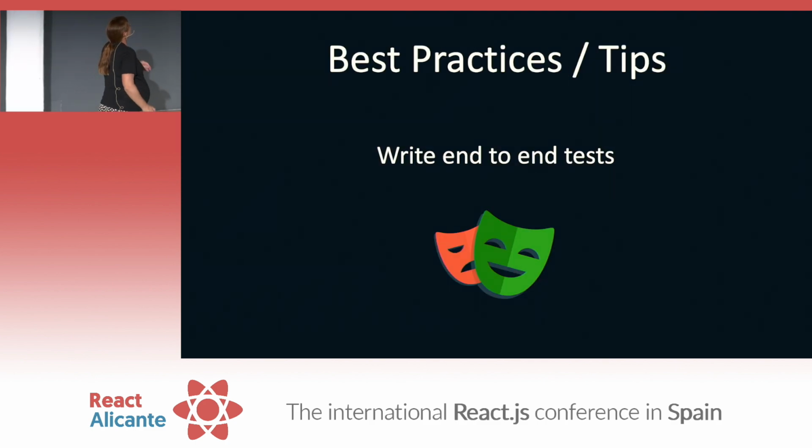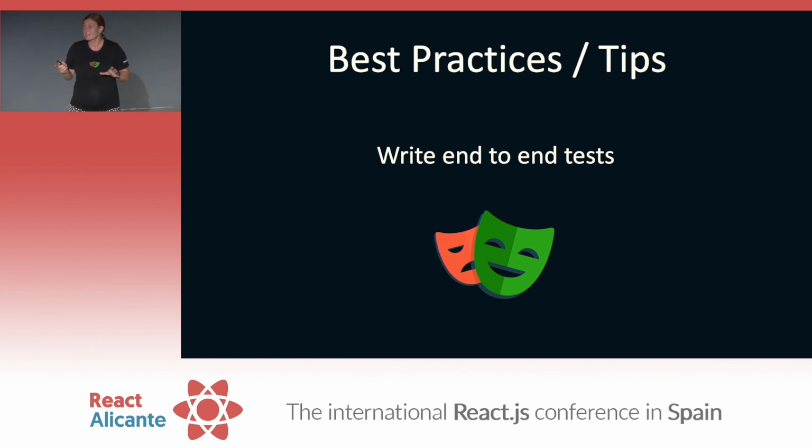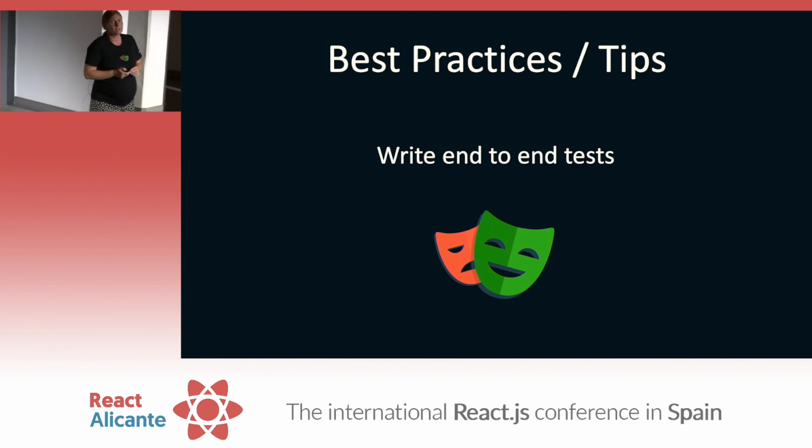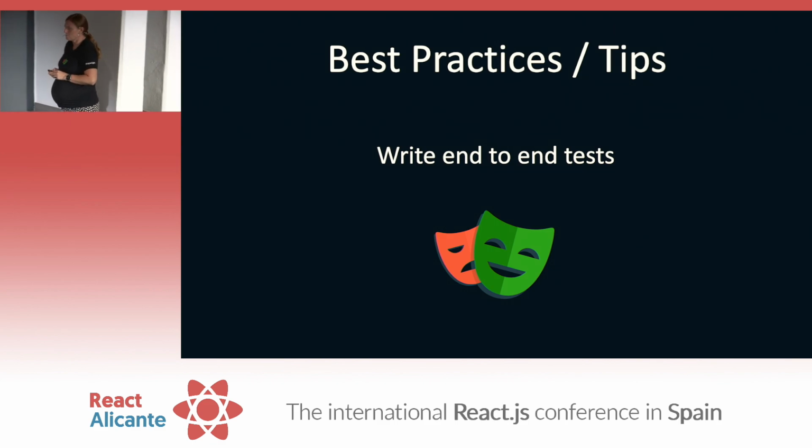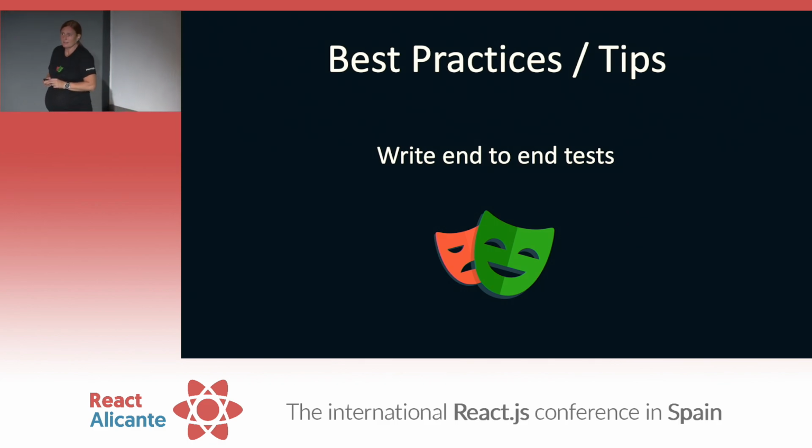So let's have a look at a couple of best practices and tips. And the first one is, seriously, write end-to-end tests. And I'm not just saying that because Playwright is for end-to-end testing. It's because many years ago, some very, very important people in the development world basically said, write unit tests, write lots of unit tests, and then they had a little triangle, and up here, this tiny little thing, like a small Dorito, was the end-to-end tests.